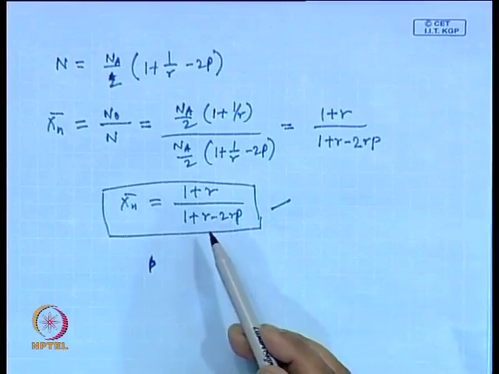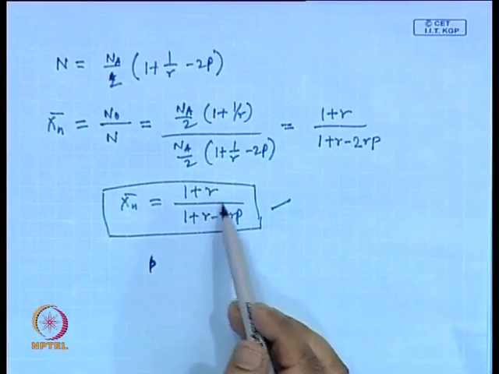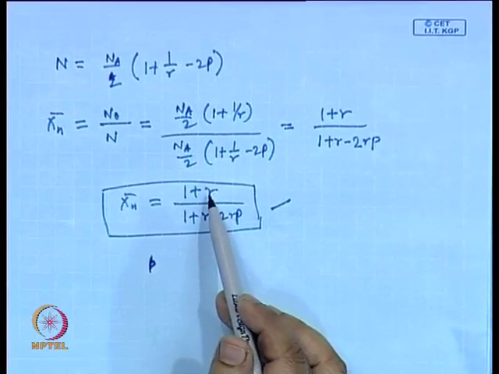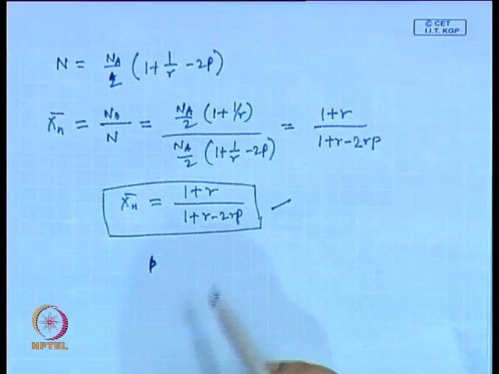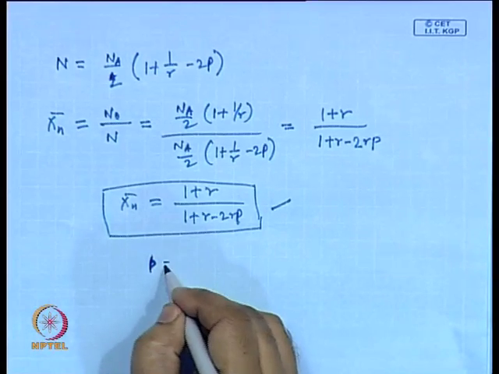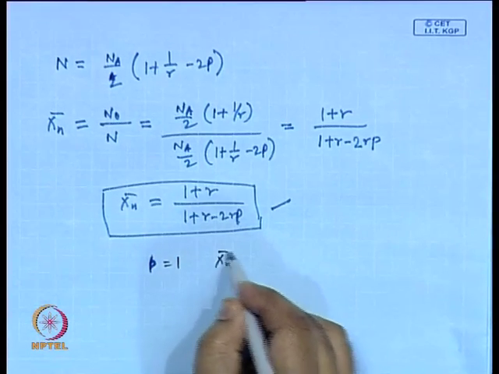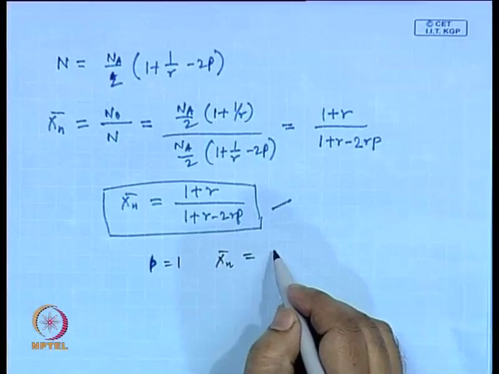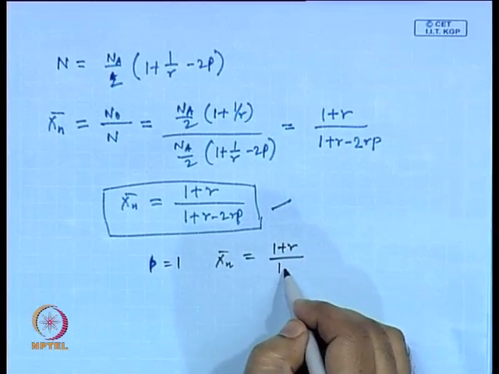Then you can target your molecular weight by adjusting the ratio between the two monomers, or fixing a value of R. If you consider P as 1, then x n would be (1 plus R) over (1 minus R).